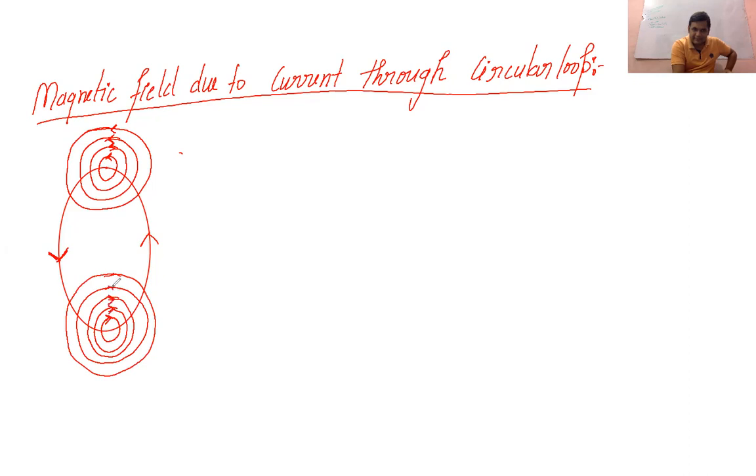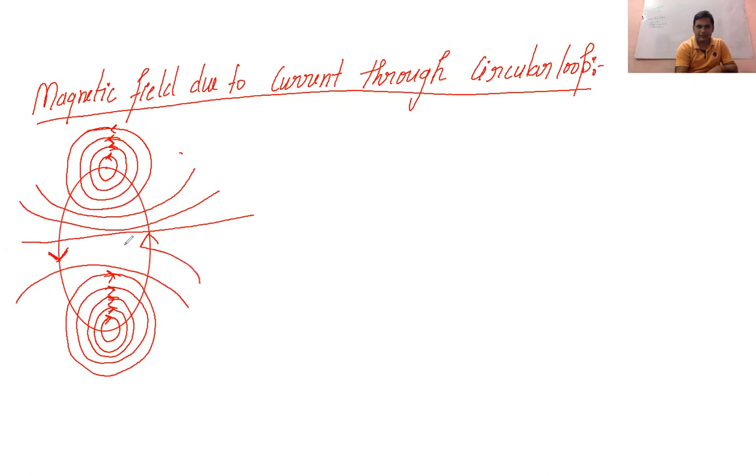These are basically the directions of the magnetic field. If you draw more points, you can see the direction of the magnetic field will be like this only.